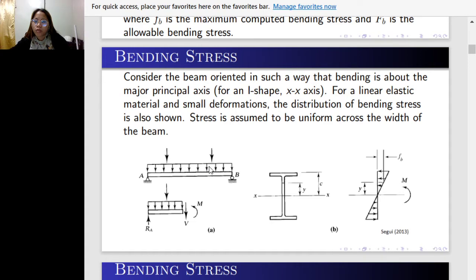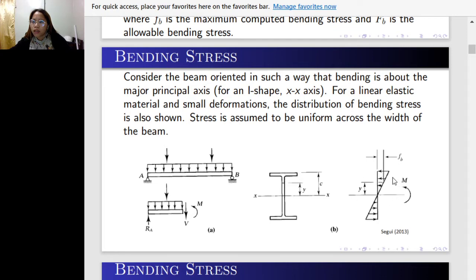If you try to get the moment or the bending stress, the cross section can be drawn in this I shape. Then we try to draw the bending stress. The bending stress is uniform.